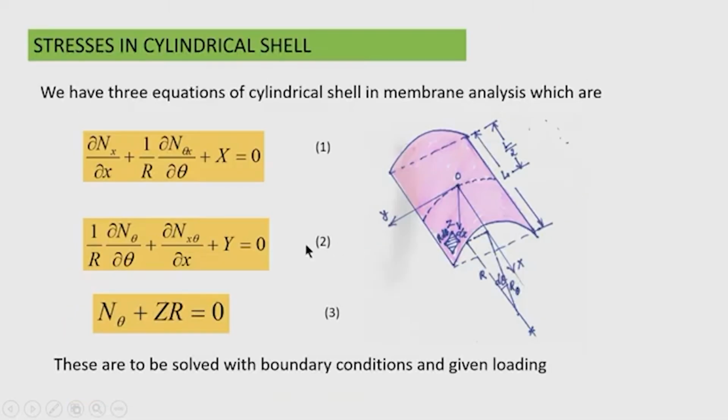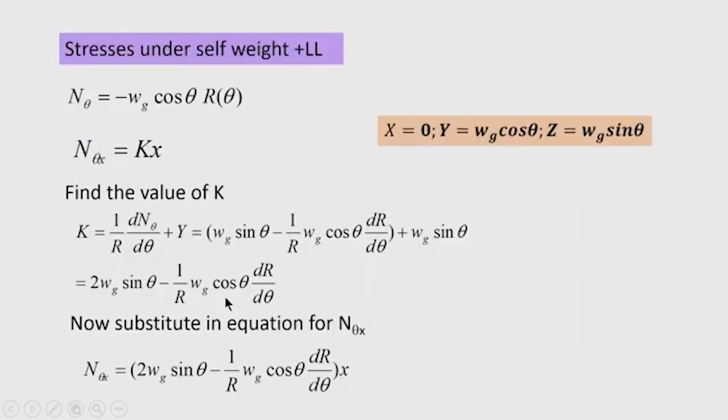So, these are the equations of equilibrium. From that we get, step by step, the different stresses. First, I shall go for obtaining N theta. N theta is equal to minus Z r.